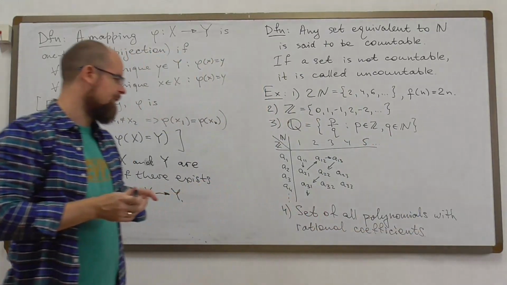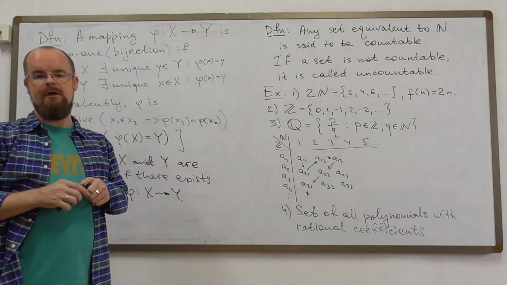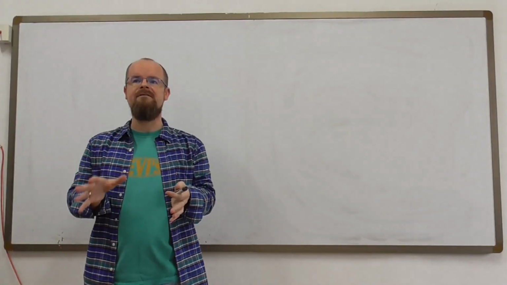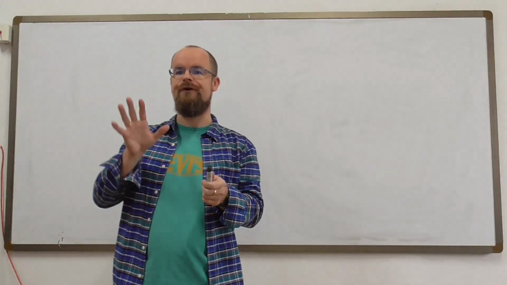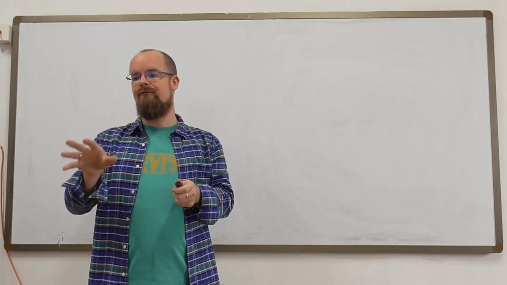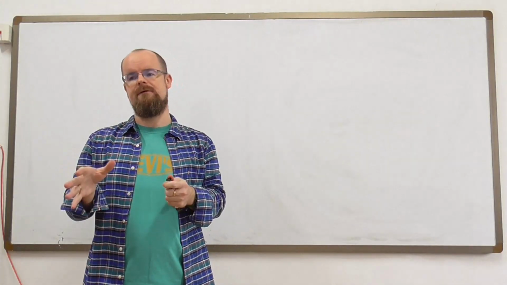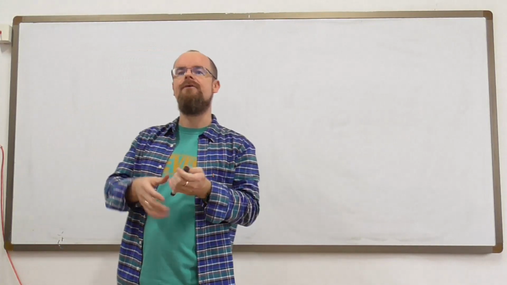The set of all polynomials with rational coefficients is countable as well. In this lecture, we are mostly interested in the countable sets. Anyway, let's briefly mention one uncountable set and prove that it is uncountable. That will be the interval [0, 1].